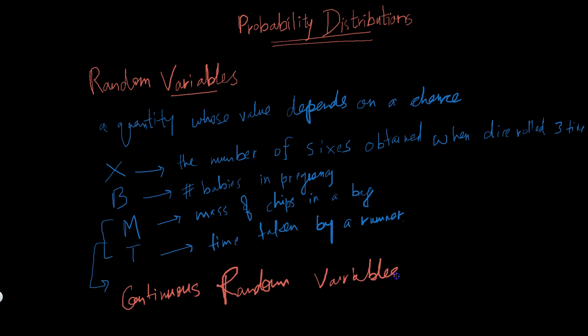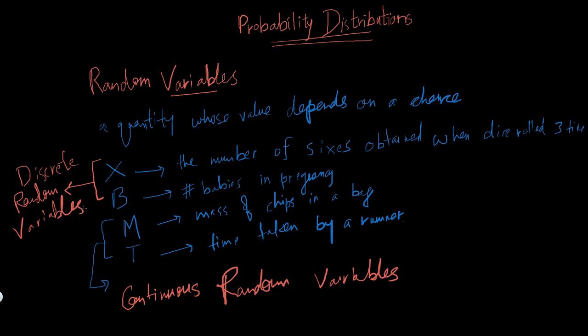All right, and these guys here have a finite or countable number of possible values, right? So that's why these guys here are discrete random variables. So again, to recap, discrete random variables have a finite or countable number of possible values.